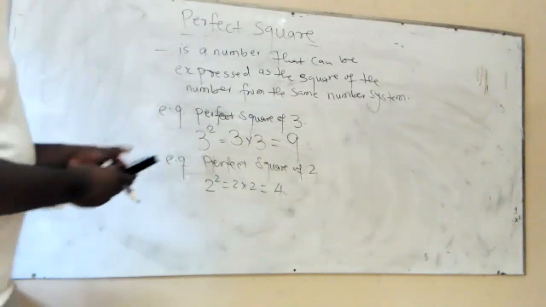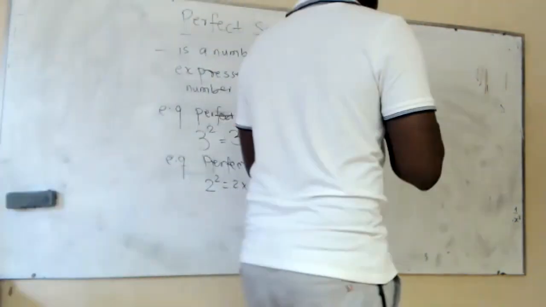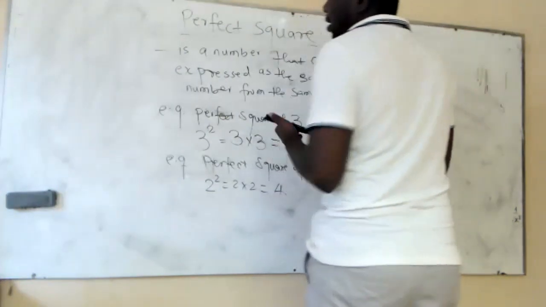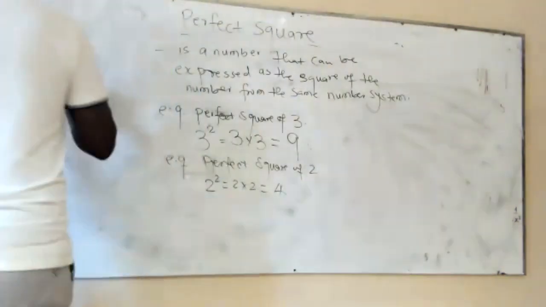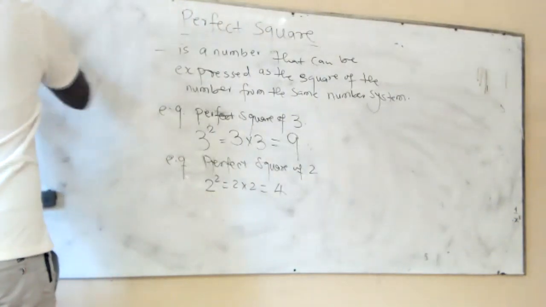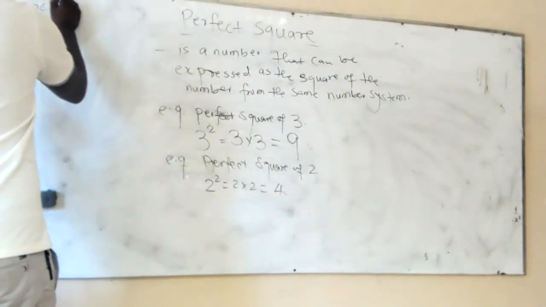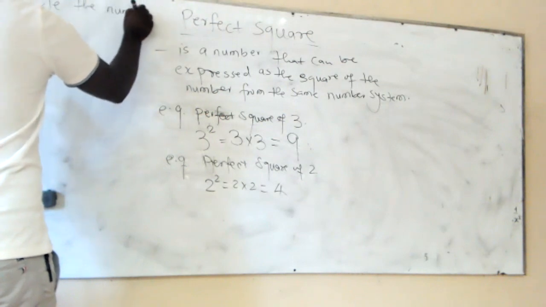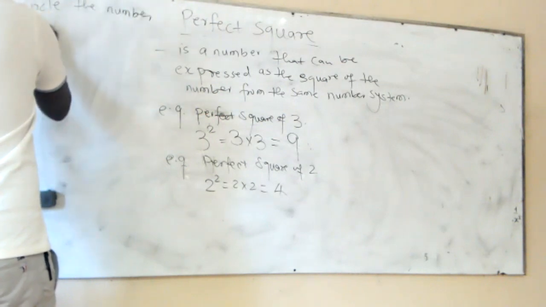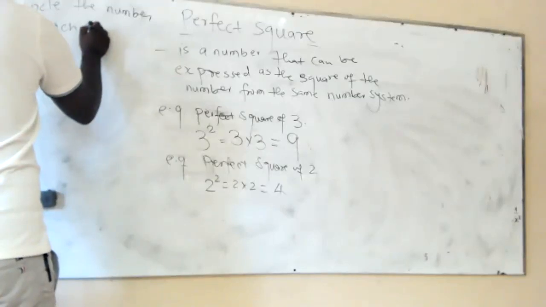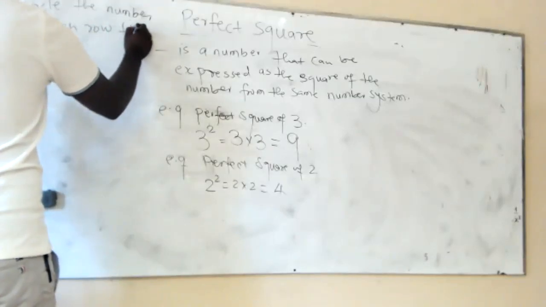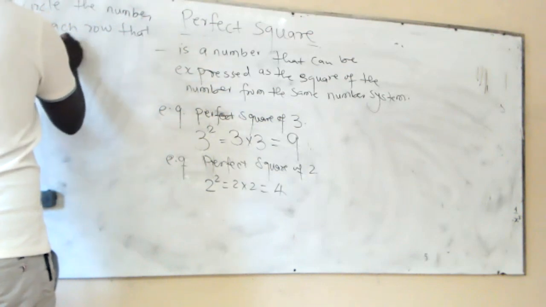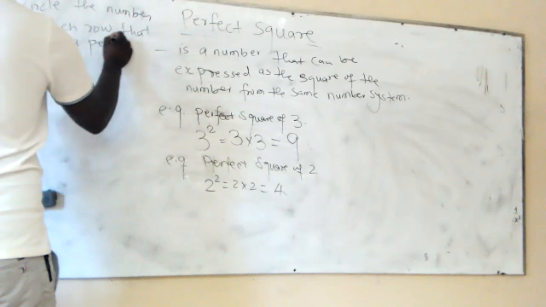All right, let me give you some difficult questions with regard to this. Let's say we are given these kind of numbers. We need to circle a number in each row that is not a perfect square.